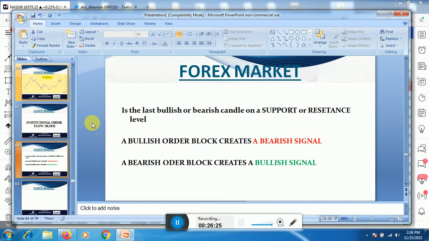An institutional order block, or an order flow, is the last bullish or bearish candle on a support or resistance level. So a bullish order block creates a bearish signal. Then a bearish order block creates what? A bullish signal.